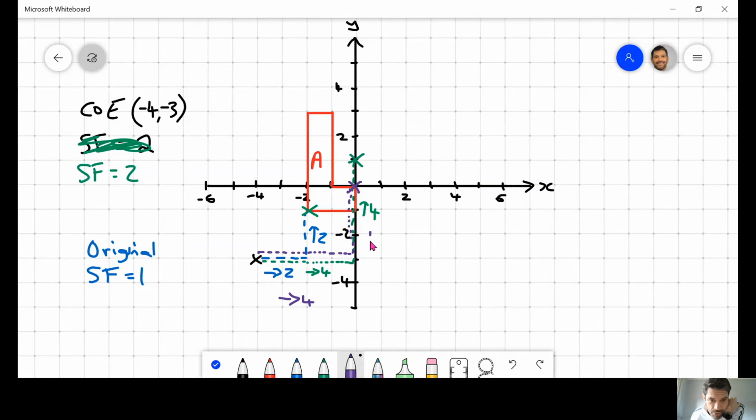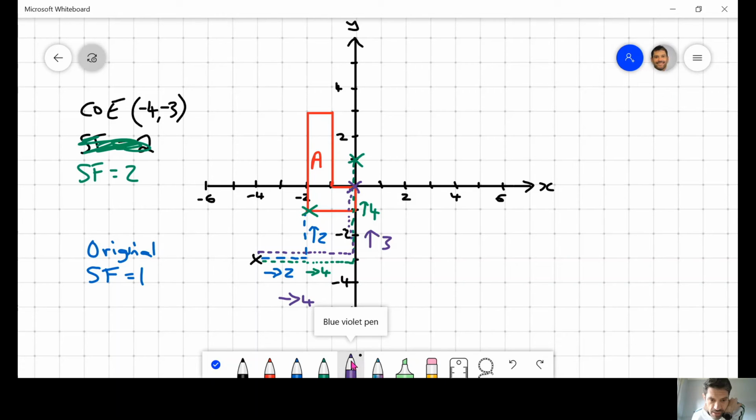And I'm going up 3, okay, to this corner. So in order to do a scale factor of 2, I've just got to double it. So instead of going right 4, I'm going to go right 8. And instead of going up 3, I'm going to go up 6.